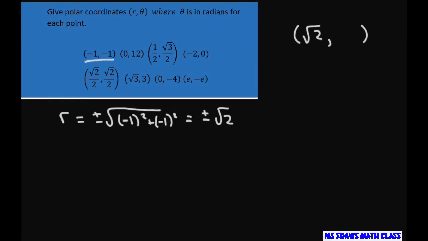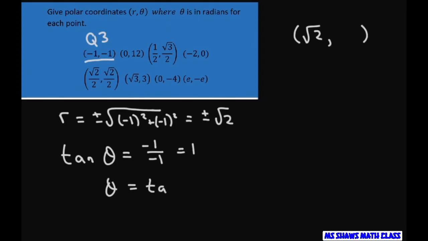We are in quadrant 3 here, so let's do tan θ equals -1 divided by -1. So that's equal to 1. So our angle is inverse tan of 1.